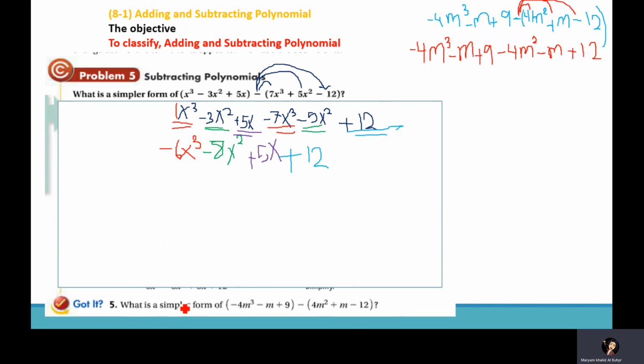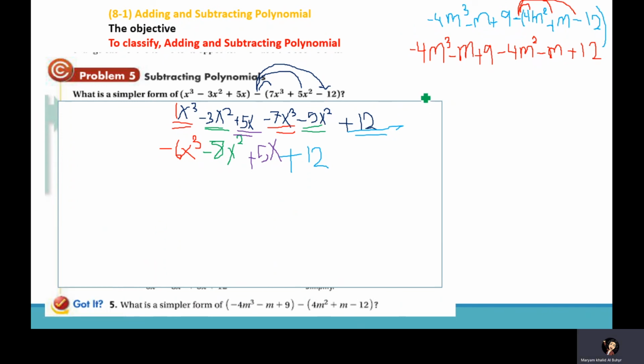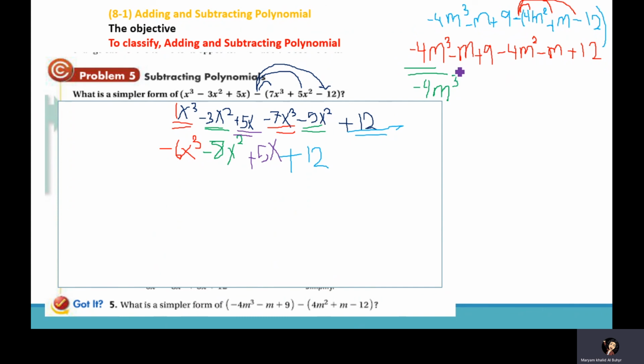Now step by step, I will add like terms together. So is there anything to add with this one here? No, it's just this one. I will drop it as it is. Next, I have this one.